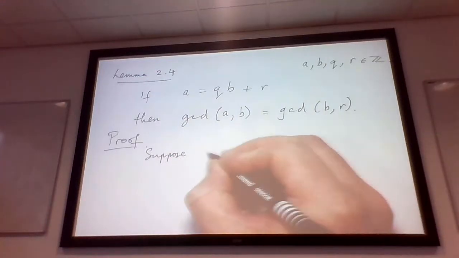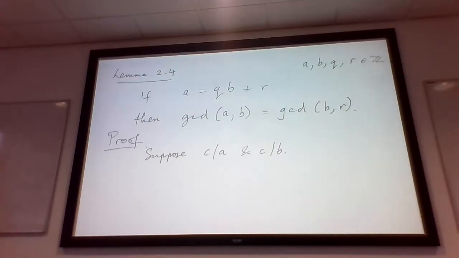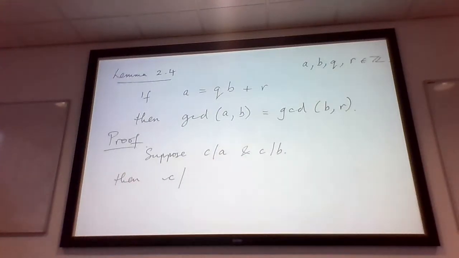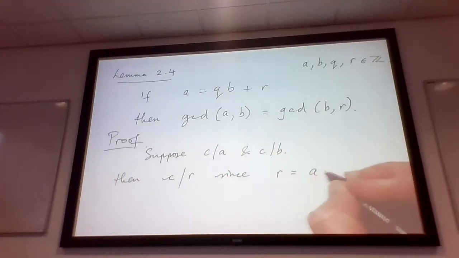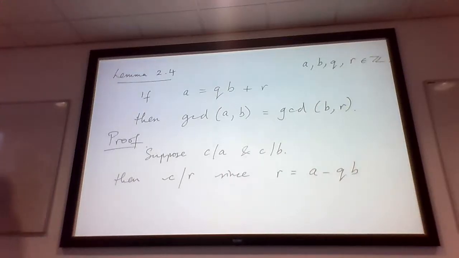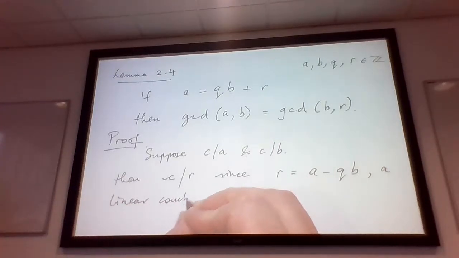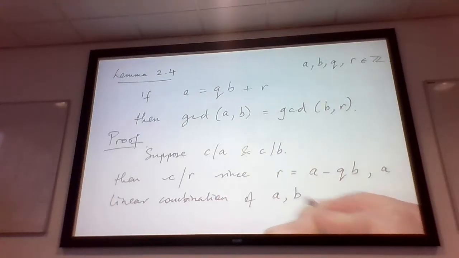So suppose for a moment that C divides A and C divides B. So suppose we've got a common divisor of A and B. Then we'll also know that C divides R, since R can be written as A minus QB, which is a linear combination of A and B. And remember, we've proved a theorem.